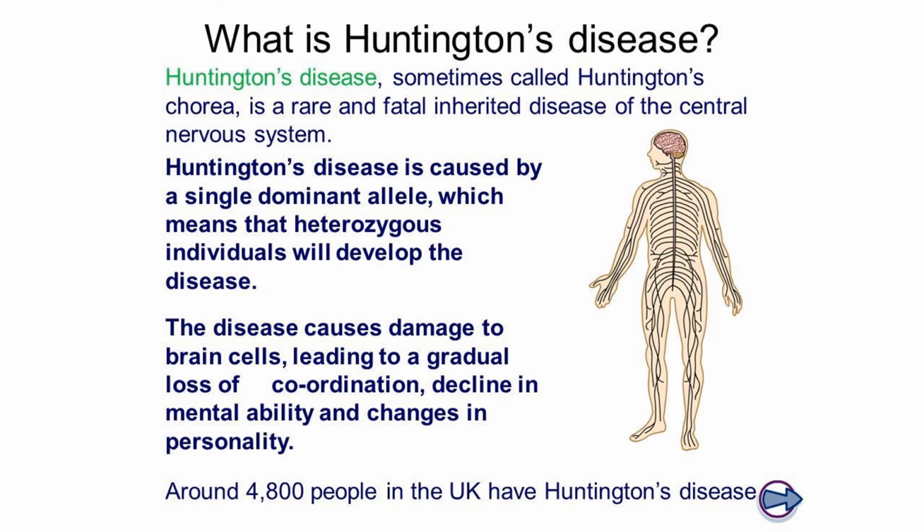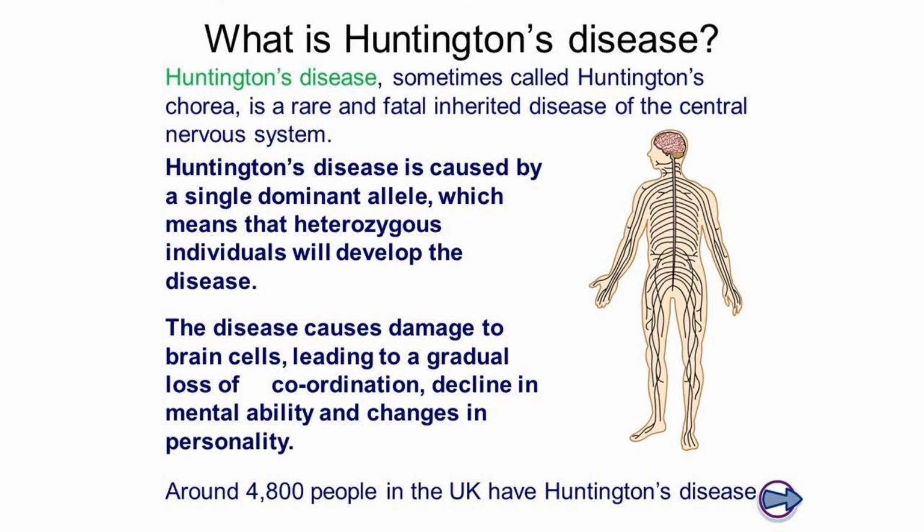Another example of the lethal gene that happens in the human population is Huntington disease. What is Huntington disease? Huntington disease, or sometimes called Huntington's chorea, is a rare and fatal inherited disease of the central nervous system.